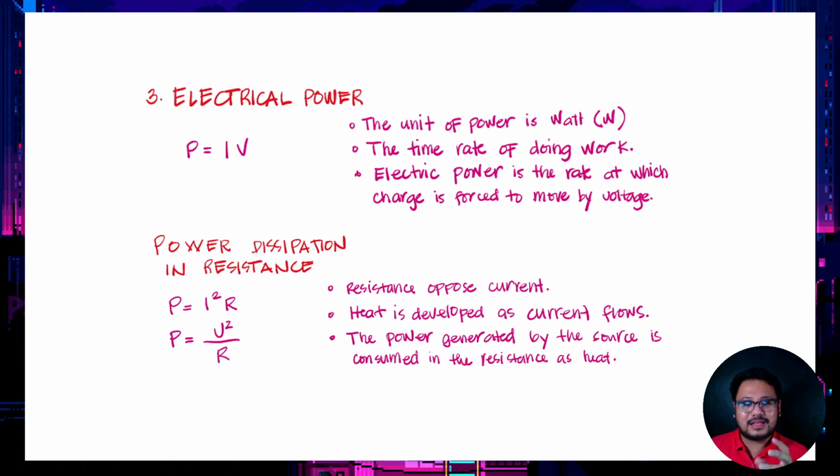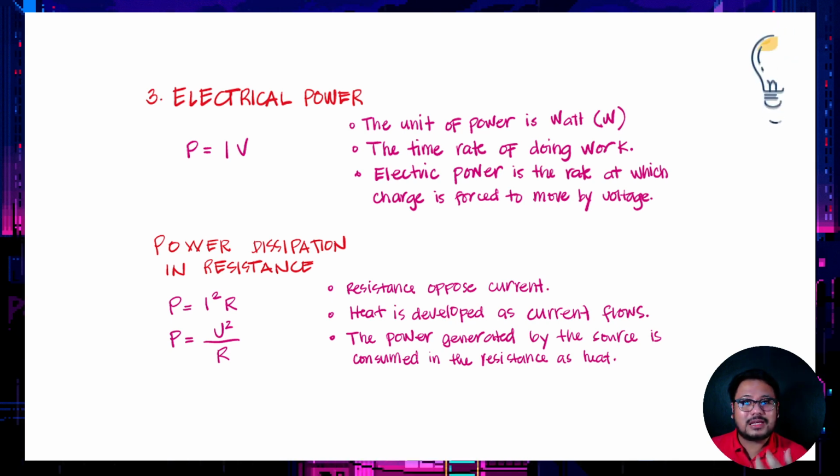So after limiting, it will actually generate heat. If you rub your hands together, it will create heat. The same thing with our circuits. If you're limiting the amount of current or charges flowing, then it will actually generate heat.